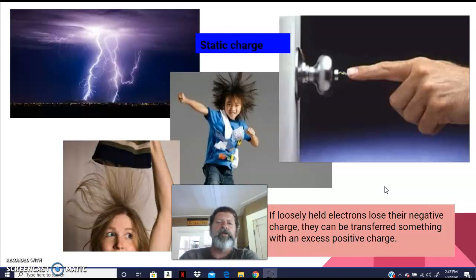So if you touch a doorknob, it's one of the reasons that self-serve gas isn't legal in Oregon. They're concerned that somebody won't touch something before they touch the gas nozzle, and they'll emit a spark, and that would ignite a fire with all the gas fumes. So yep, static electricity.